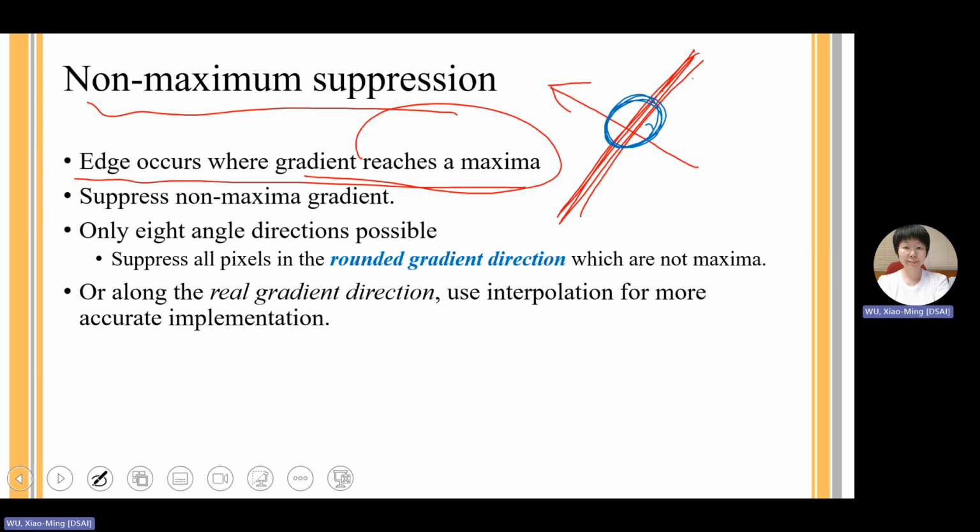Within an image, there are only 8 angle directions.